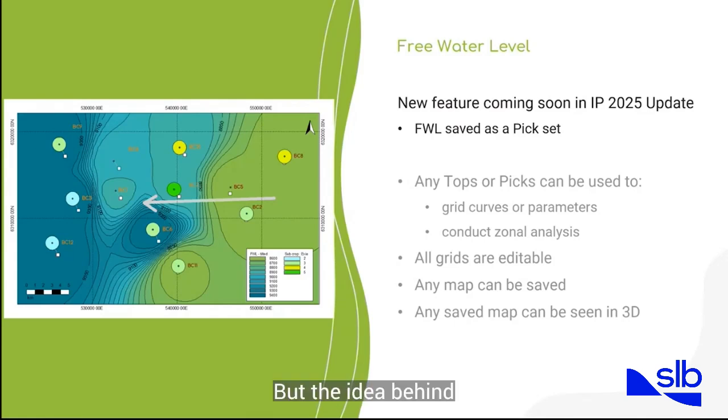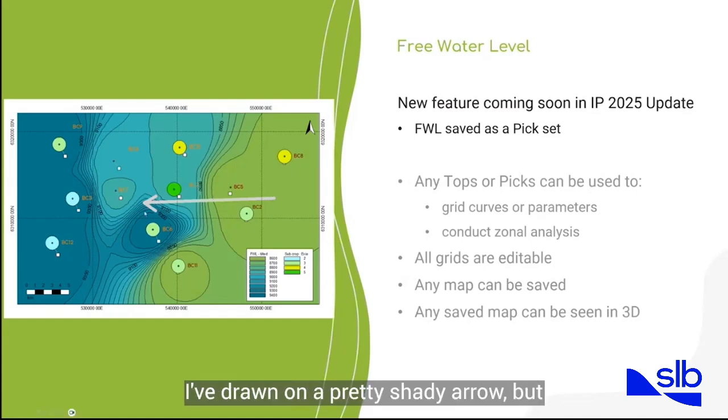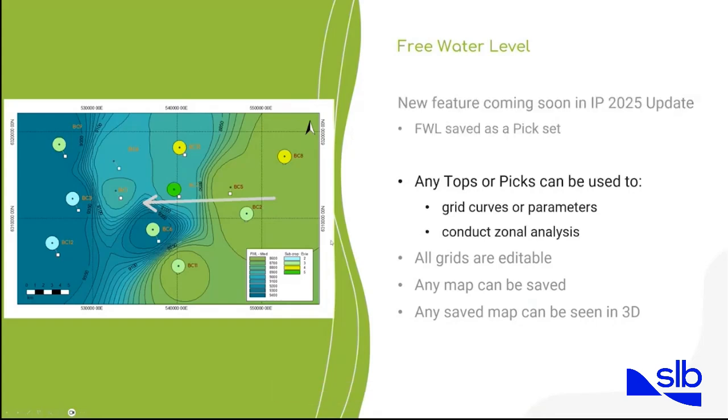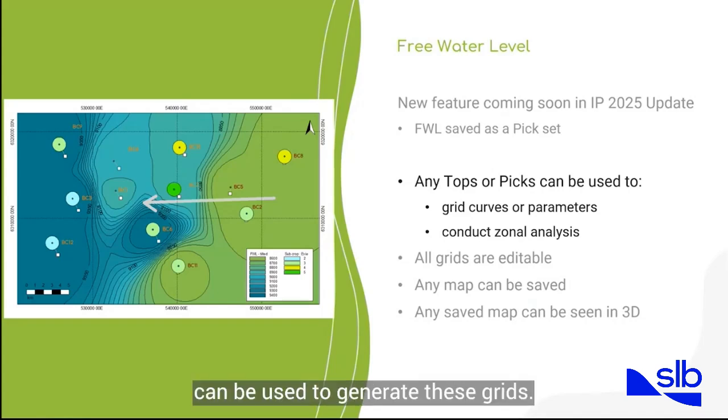But the idea behind being able to generate just a structural surface from a pick to highlight whether it's a tilted free water level or any kind of top Viking or top Permian or anything like that, you're able to do that. And you can see I have drawn with lines here, I've drawn on a pretty shady arrow, but it's there for me to see I have a trend here. All right, so again, any kind of pick or top can be used to generate these grids.